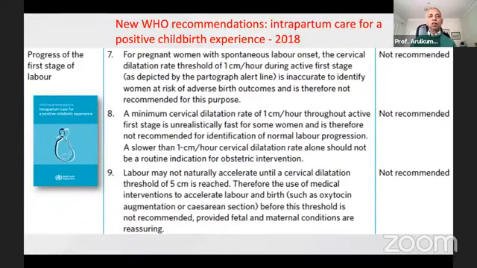And what one should not do is intervene because she is slowly dilating, less than 1 centimeter per hour. A minimum cervical dilatation of 1 centimeter per hour throughout the active phase is unrealistically fast. In other words, they are emphasizing that we shouldn't really intervene, we should give more time. So not only should we not intervene before 5 centimeters, but even later we should give 6, 7, 8 hours.